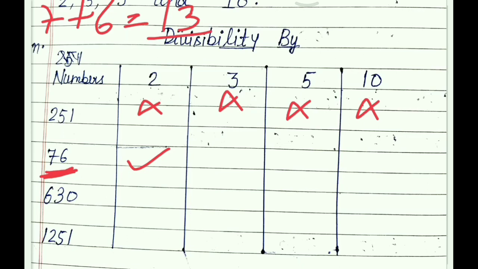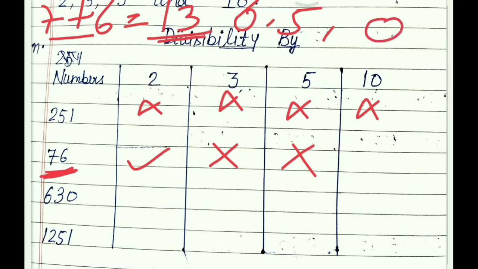The sum of the digits should be divisible by 3 but 13 is not divisible by 3, so it will not be divisible by 3, so put a cross here. Next, by 5, only those numbers are divisible which have last ending digit 0 and 5, but here it is not, so it is also a cross. Okay, for the rule of 10, the last ending digit should be 0 but here it is 6, so it is also not divisible by 10.